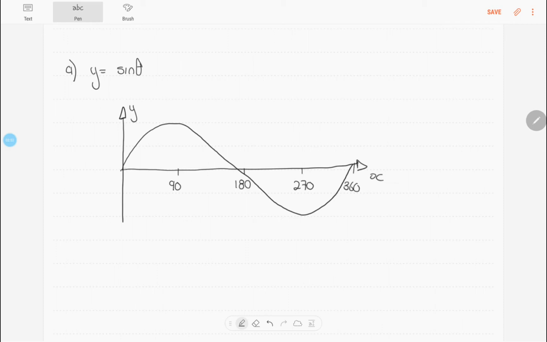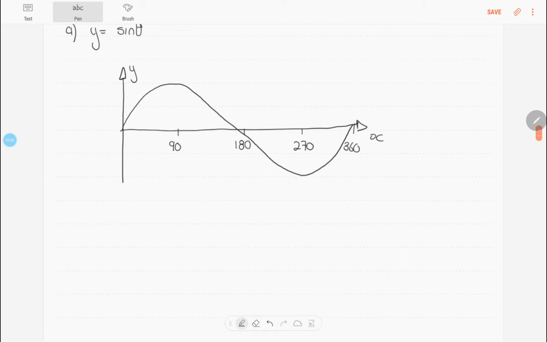Okay, notice that it starts at 0. As you'll see, when we get to this point here, our 360, if we were to extend our axis and carried on, you notice that each time we went up by 90 degrees, so 360 plus 90 will give me 450, and then this one will give me 540, and so on and so on.